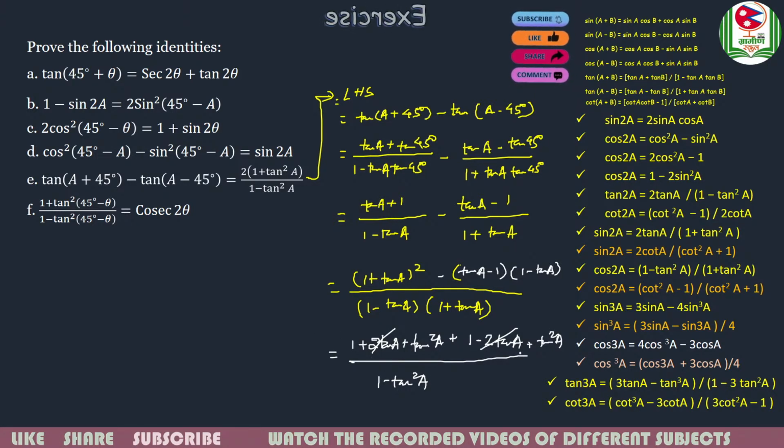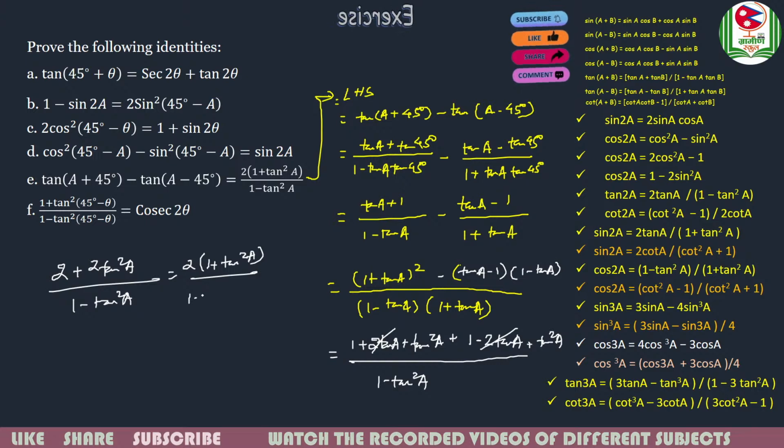So what will be remaining here? 1 plus 1, that is 2. So it is 2 plus 2 tan square a upon 1 minus tan square a. I'm taking 2 common. We will write 2 into 1 plus tan square a upon 1 minus tan square a. So we have proved this one, that is RHS.